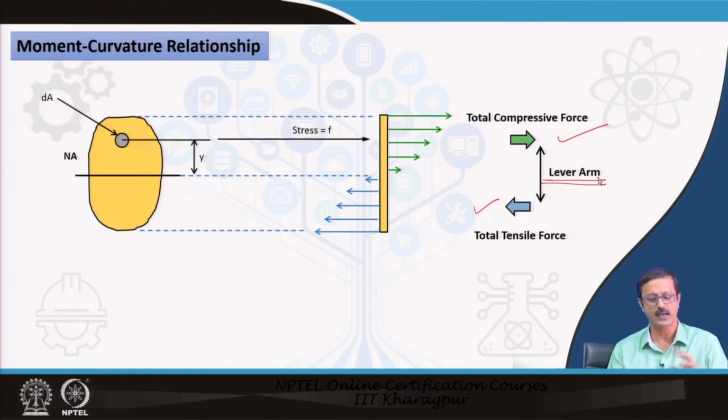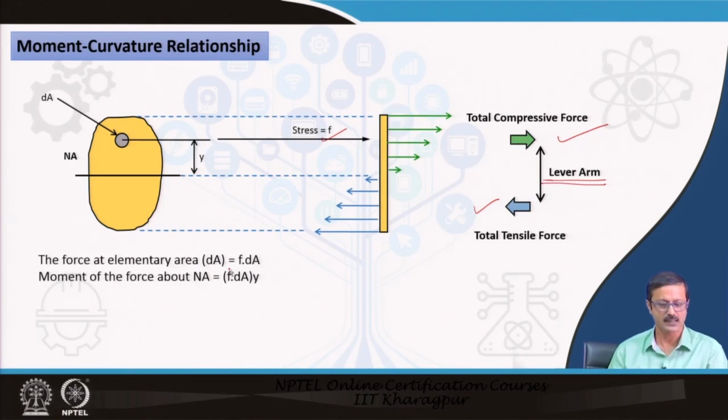So now I will assume that there is a small area dA which is at a distance y from the neutral axis. See, this y is very important. I have just now calculated what will be the stress over there, and suppose the stress over there is F. So I can project it on this particular stress distribution curve and find out that stress.